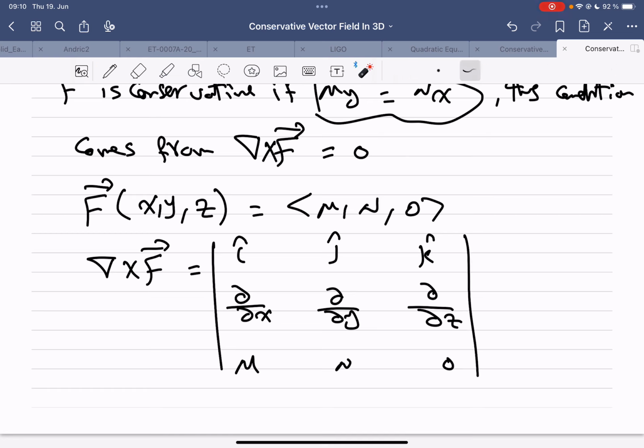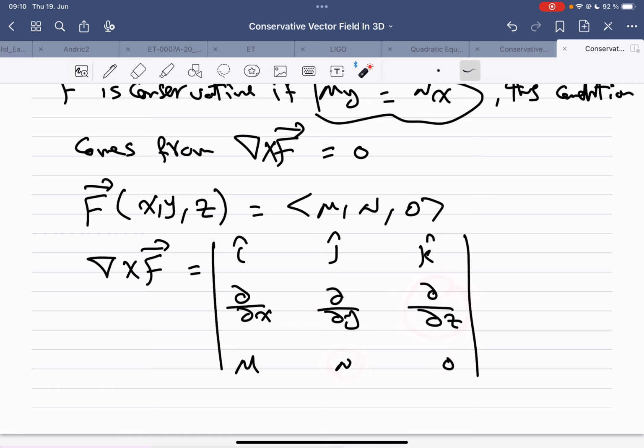So now if you try to calculate this curl, you will find that the i component will be d by dy 0, which gives you 0, minus d by dz n.